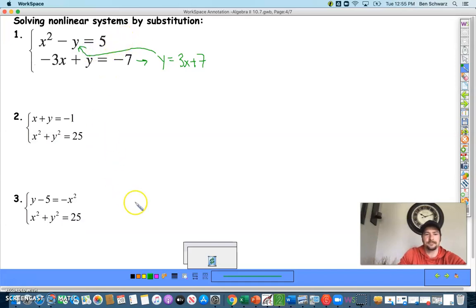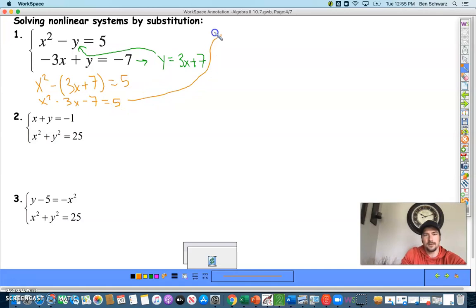So that, when I substitute, would give me x squared. And you got to be careful, because this negative here, you want to put the y in parentheses, 3x plus 7. Because that negative is going to also go to the 7. And then equals 5. So distribute that negative: x squared minus 3x minus 7 equals 5.